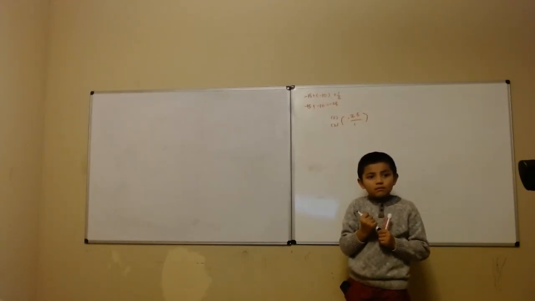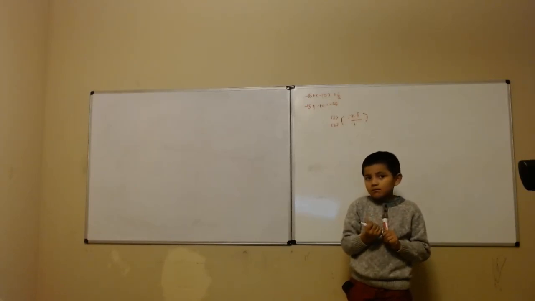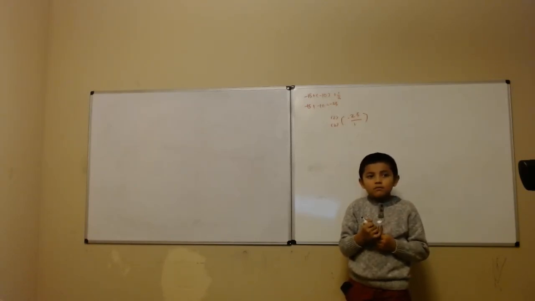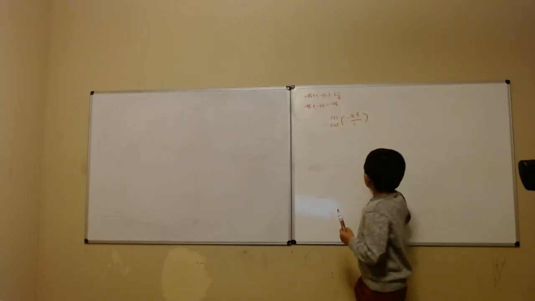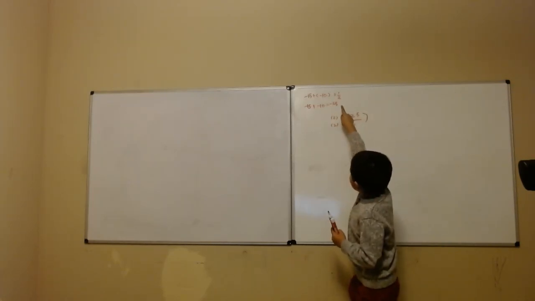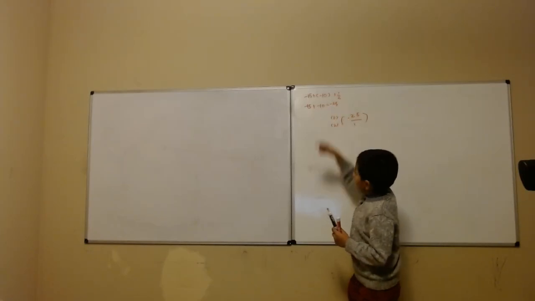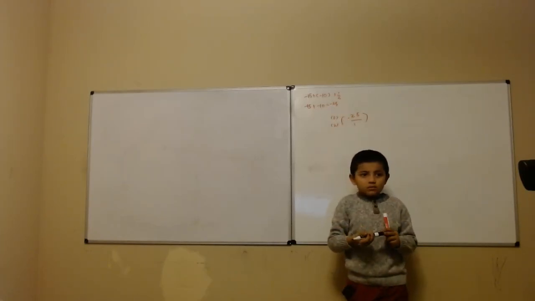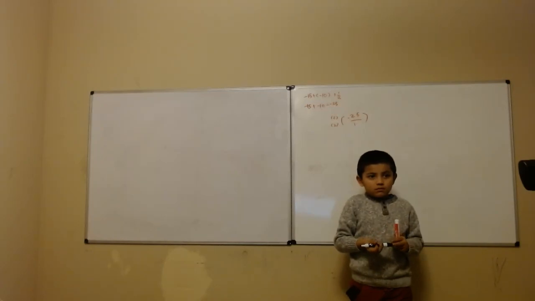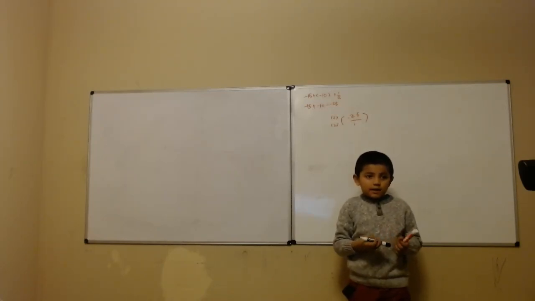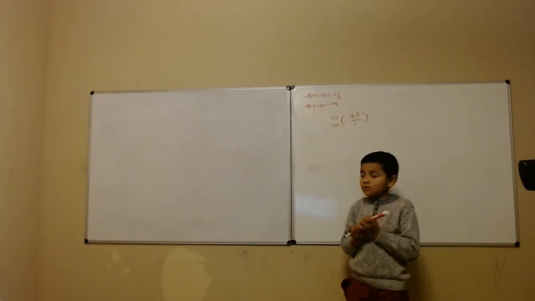Are you sure? What is the common denominator then? 2. Why is it 2? Because the 1/2 has a 2. Okay, because 1/2 is of what? It's a fraction, right? All right. So now go ahead.